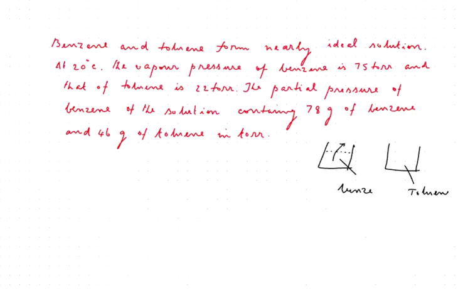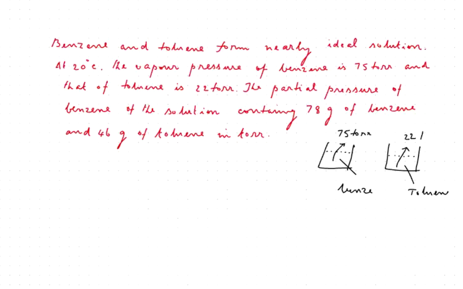Similarly, the toluene will get evaporated and the vapor of the toluene will also come out. When you take pure benzene, according to the problem statement, the pressure is 75 tar. That is the vapor pressure of pure benzene. The vapor pressure of the pure toluene is 22 tar.